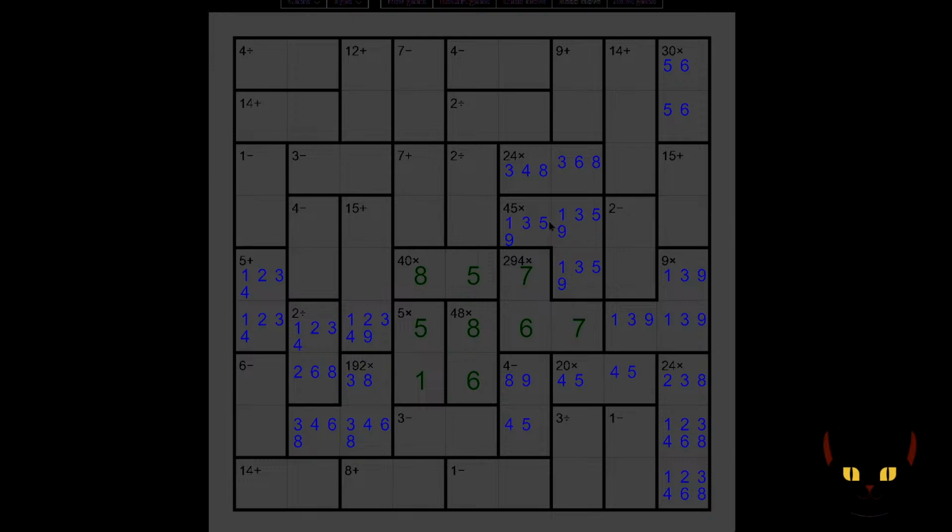This time we have 3 squares, so if we used a 1, this would be a 5 and a 9, so that would actually work. We use a 3, that gives us 15, so that would require a 3 to be here and 5 to be there, that would work. Okay, so we can't eliminate any of those, I don't think.